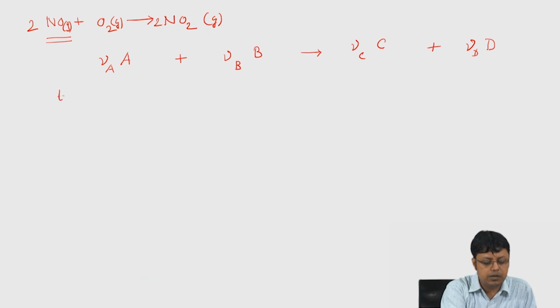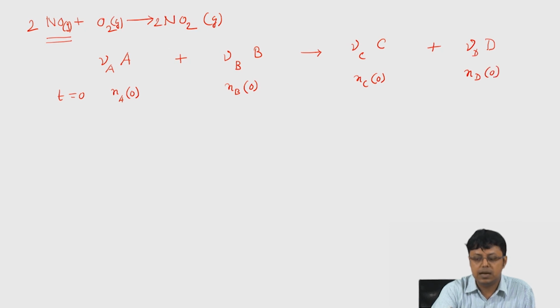Now, suppose at time 0 the initial amounts were, not nu A, we have to write it as N A 0. N is the number of moles, not exactly the concentration. Similarly, we call them N B 0, N C 0 and N D 0 for the number of moles of the species A, B, C and D. Now, suppose at time t the advancement of the reaction is xi.